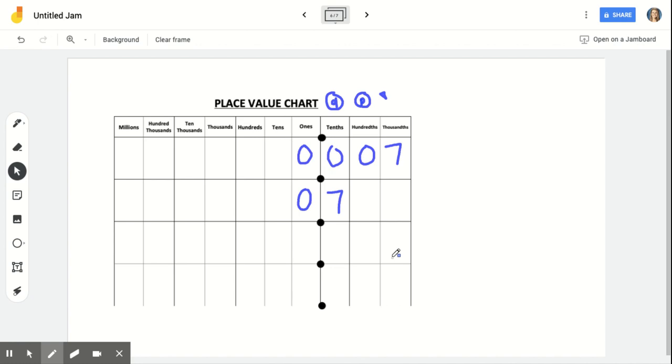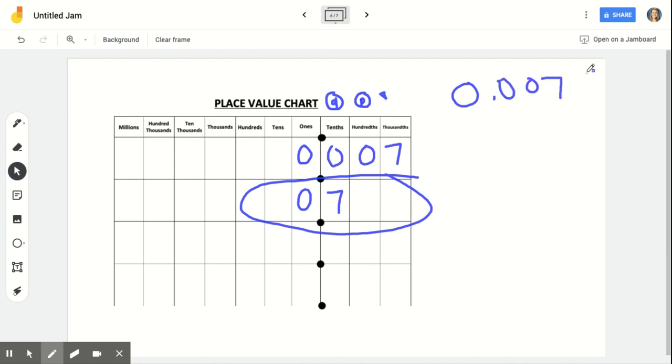So which one is bigger in value? Which one is greater? 7 tenths. 7 dimes is definitely greater in value compared to 7 thousandths of a dollar.